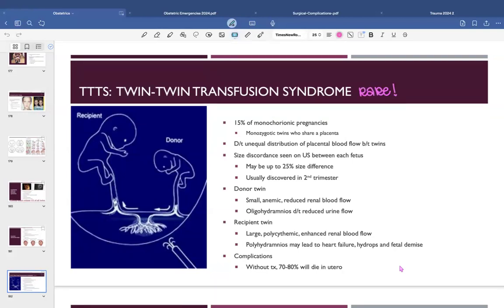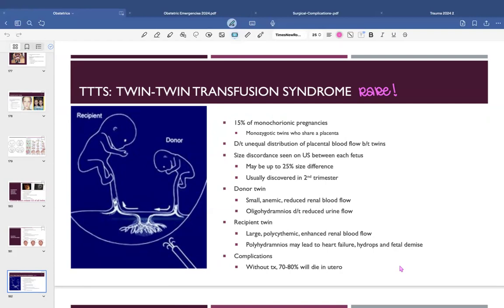Usually this is discovered in the second trimester. The donor twin, the little one, is giving away more blood than it receives in return. So it runs the risk of malnutrition, which is why its fetal growth might be stunted. It may also lead to organ failure.